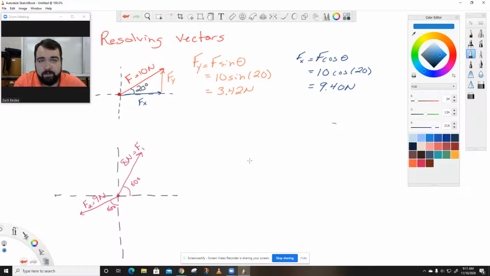Now, with both of these forces, we're doing the resolving part first. So we need an x component here. We need an x component here as well. Since we're measuring this off of the y-axis instead of the x, I'm going to draw the x component along this line here.